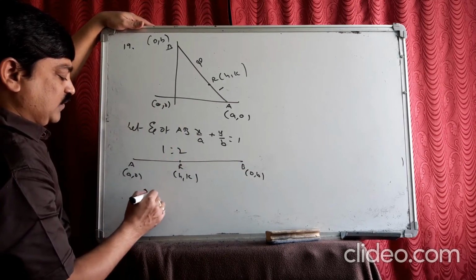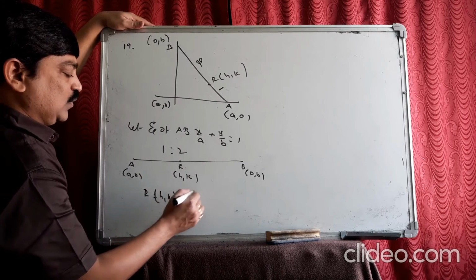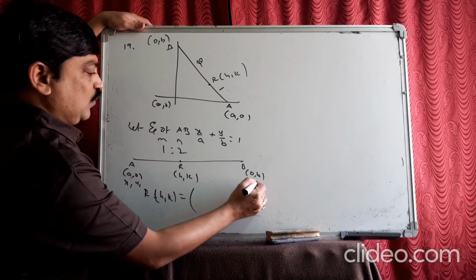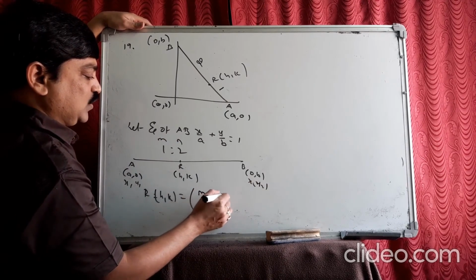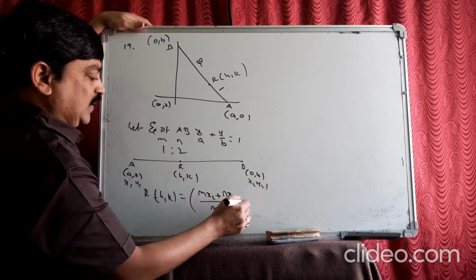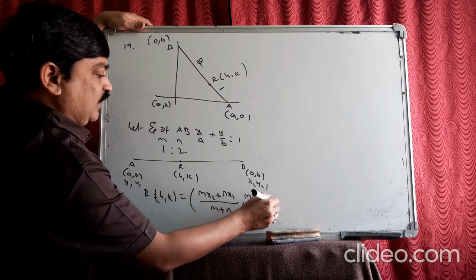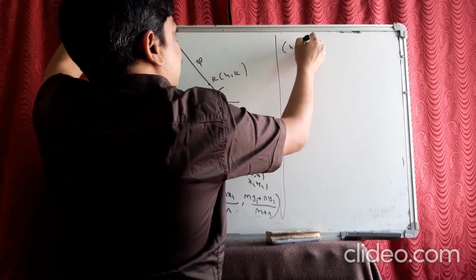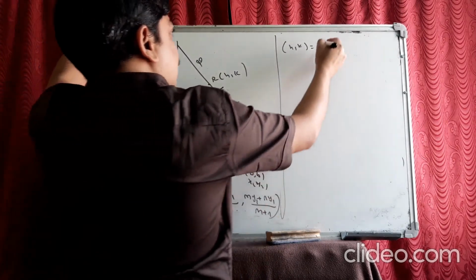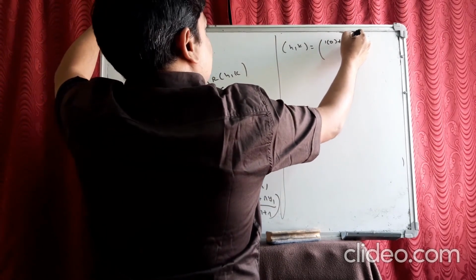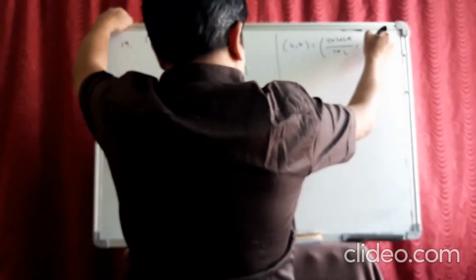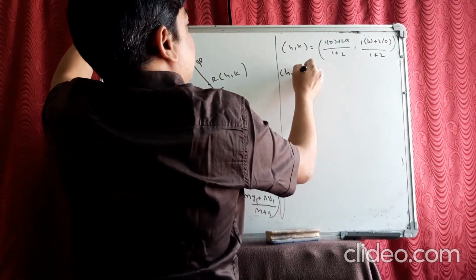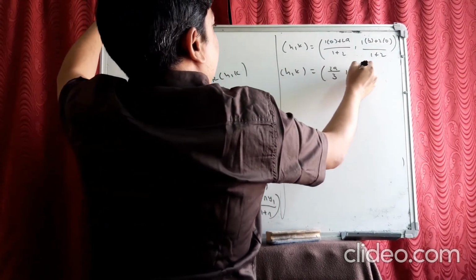The formula is (mx2 + nx1)/(m + n), (my2 + ny1)/(m + n). So (h, k) = ((1·0 + 2·a)/(1 + 2), (1·b + 2·0)/(1 + 2)) = (2a/3, b/3).